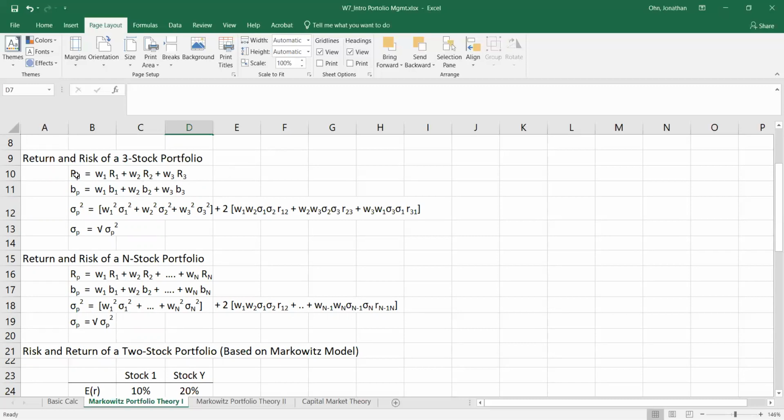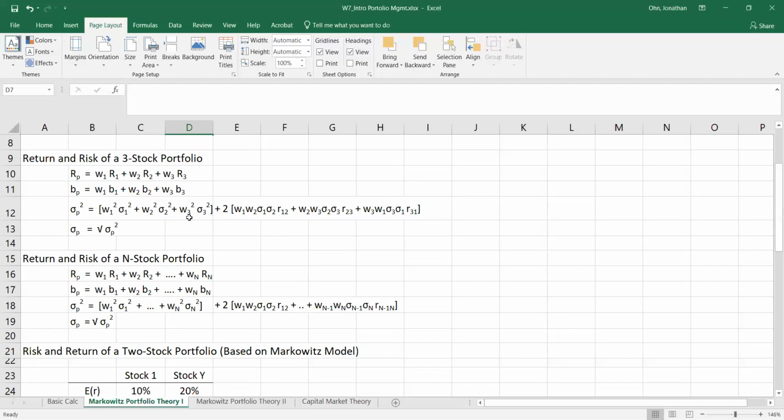The return of this three-stock portfolio is the weighted average of individual returns, and beta is the weighted average of individual betas. And then for the standard deviation and variance, you have to follow this. That's quite long, not so friendly, right?